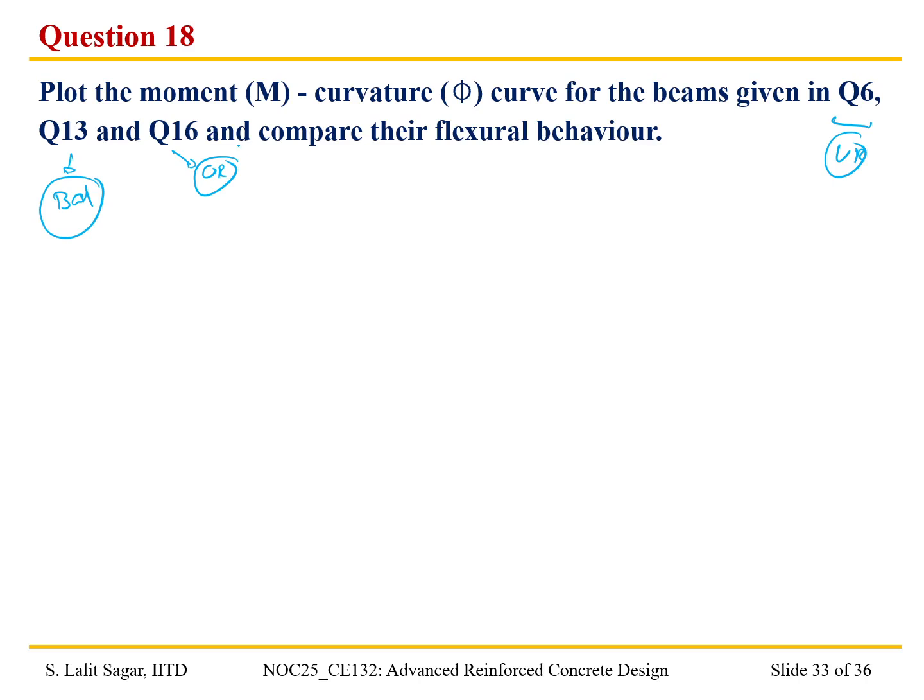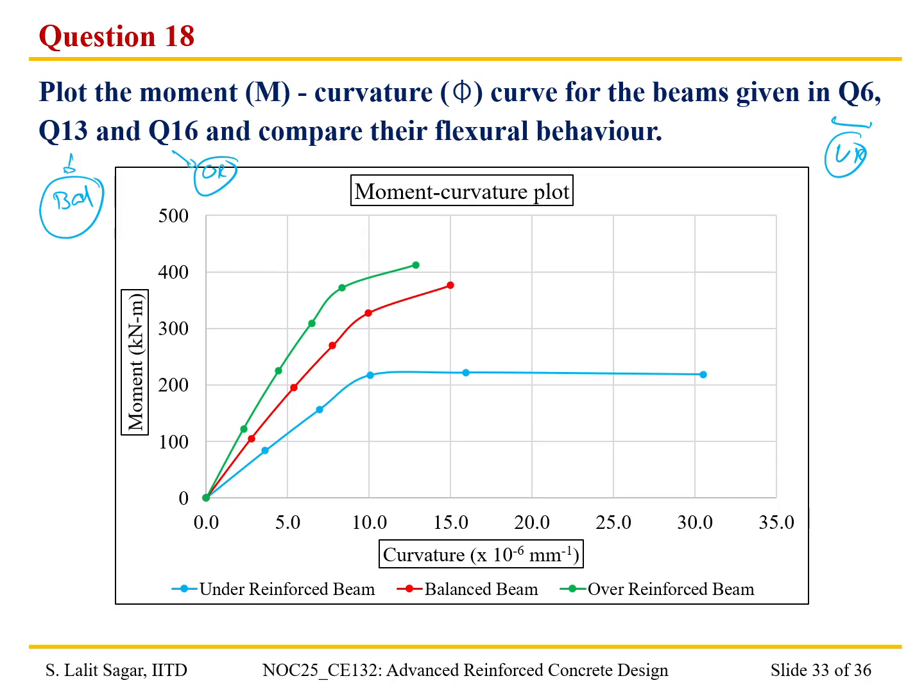Now I'm going to show the moment curvature plots for the under reinforced, balanced, and the over reinforced cross section. So these are the plots for the under reinforced beam, then the balanced beam, and the over reinforced beam.